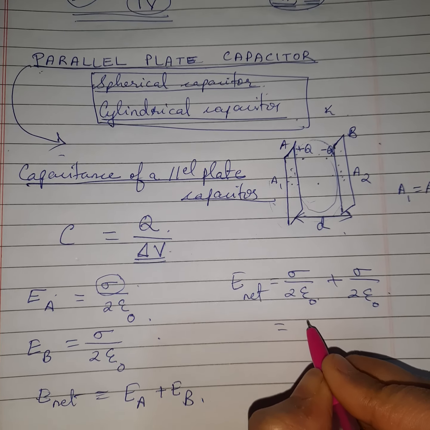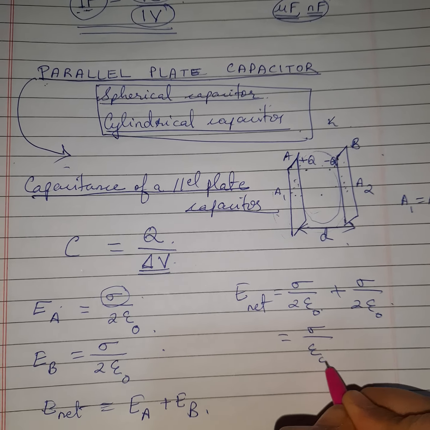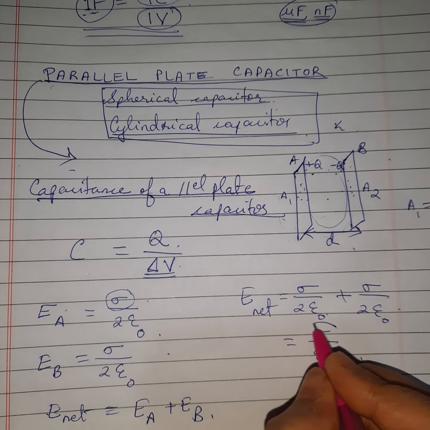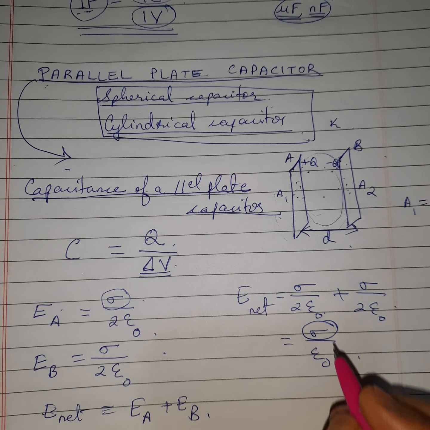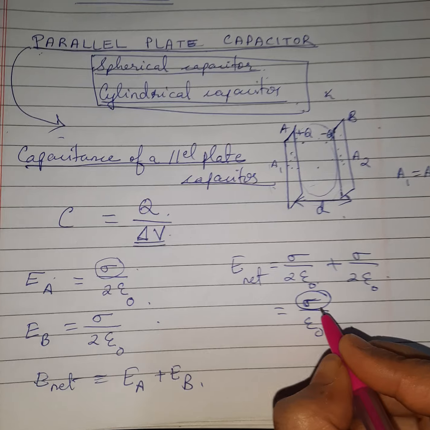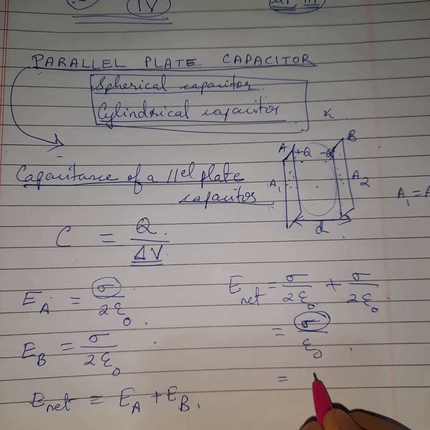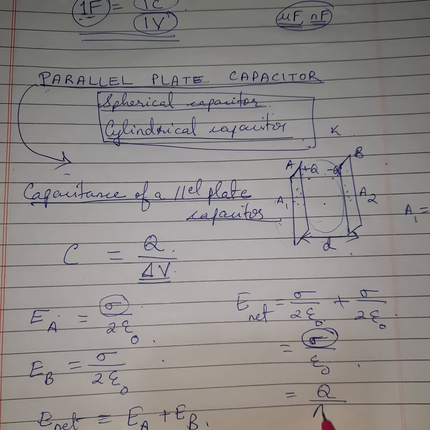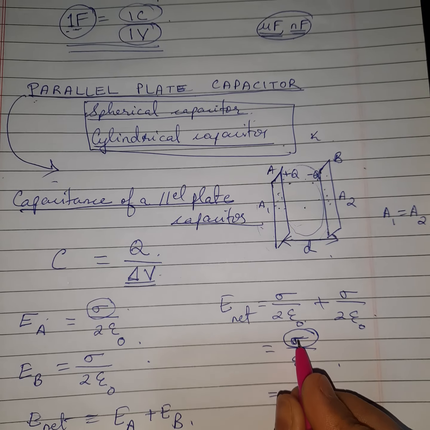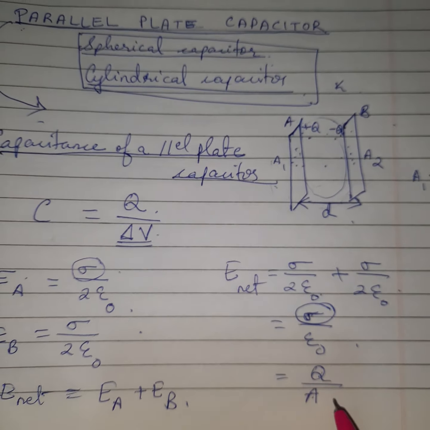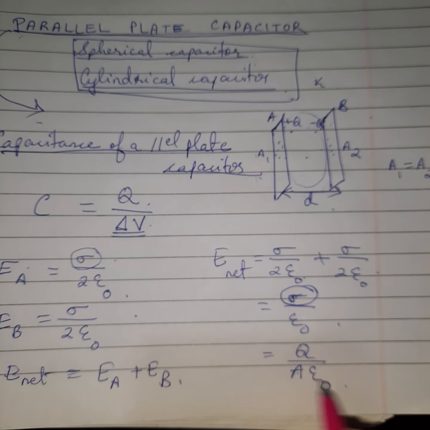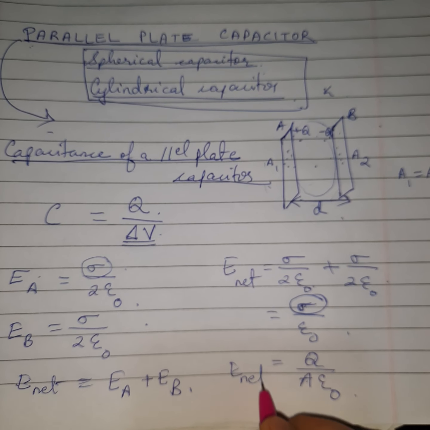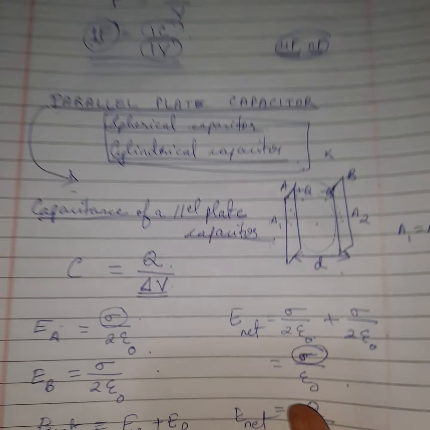Adding these two, you will be getting sigma by epsilon naught. Now, this sigma can be replaced by its expression for surface charge density, that is Q by A. So we are not writing sigma anymore: E equals Q by A epsilon naught. This is the net electric field in between the two plates here.